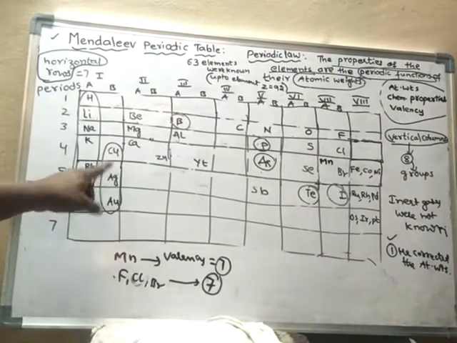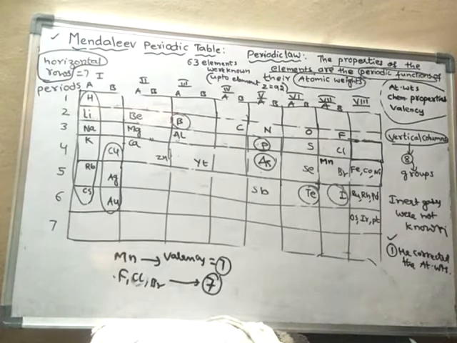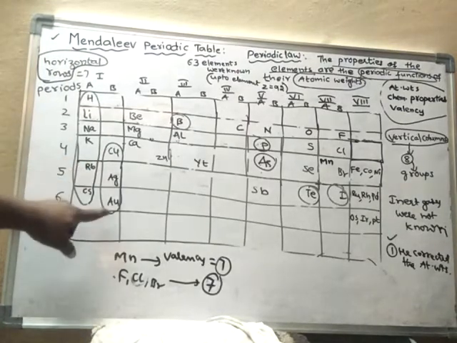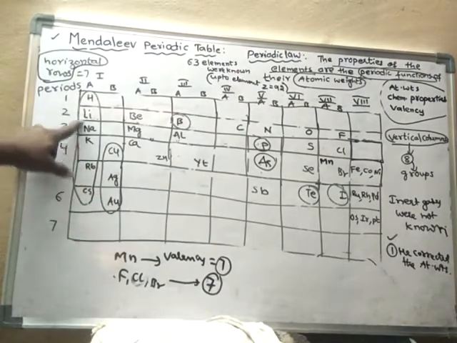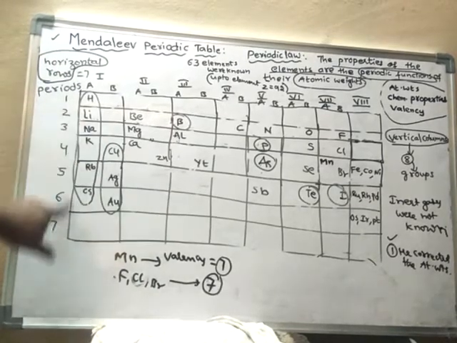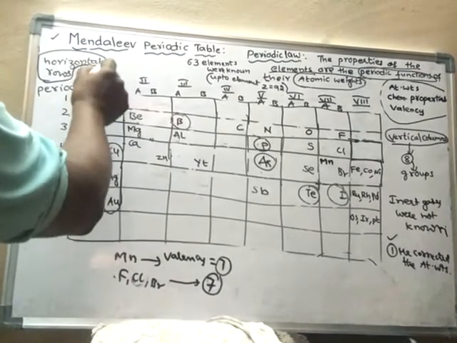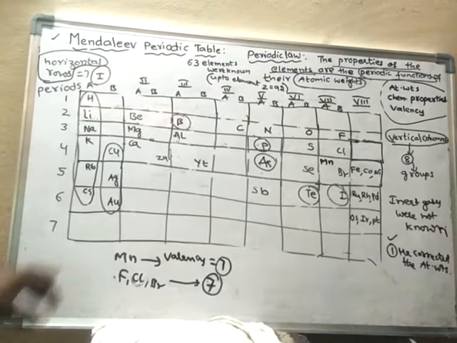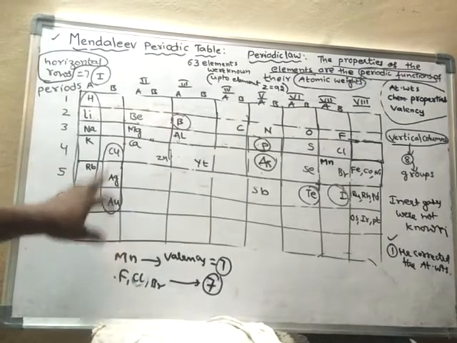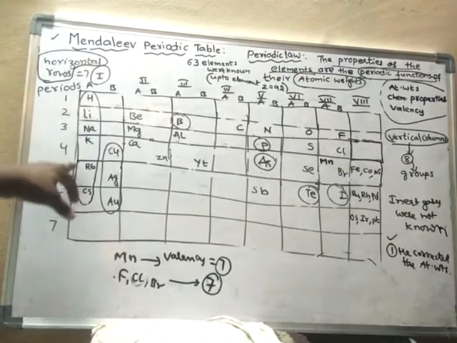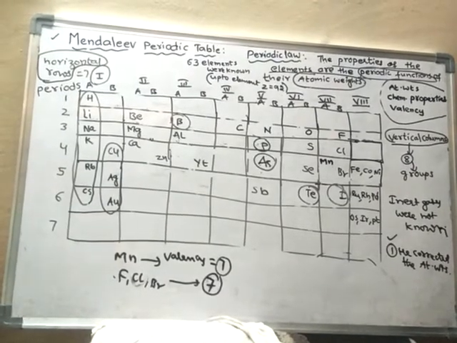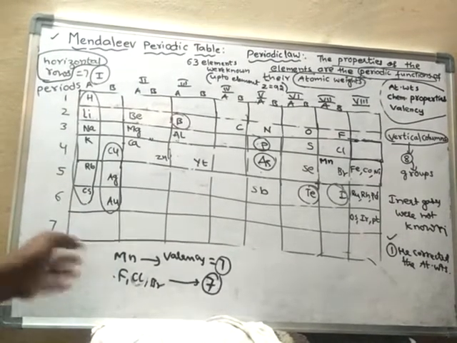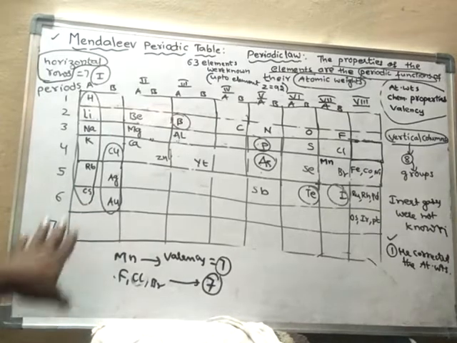They should not be placed together. But he placed copper, silver, gold along with lithium, sodium, potassium in the same group, first group. So this is also wrong. The properties of copper, silver, gold are not matching exactly with the properties of lithium, sodium, potassium. That means dissimilar elements were placed together.